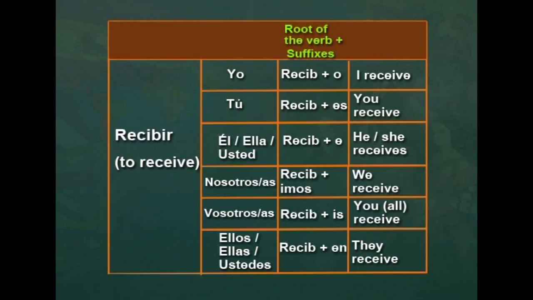Nosotros, nosotras recibimos, we receive. Vosotros, vosotras recibís, you all receive. Ellos reciben, they receive, for masculine. Ellas reciben, they receive, for feminine. Ustedes reciben, you all receive, formal one.